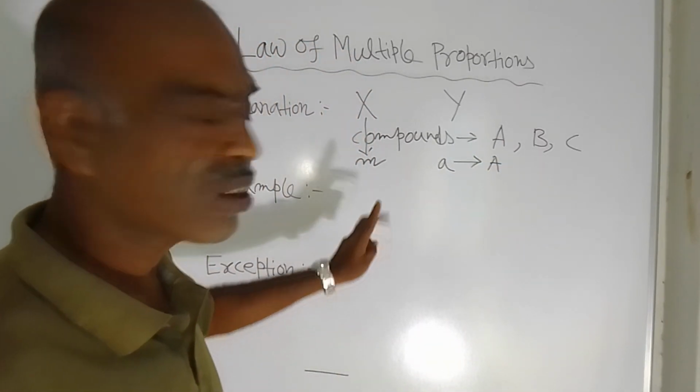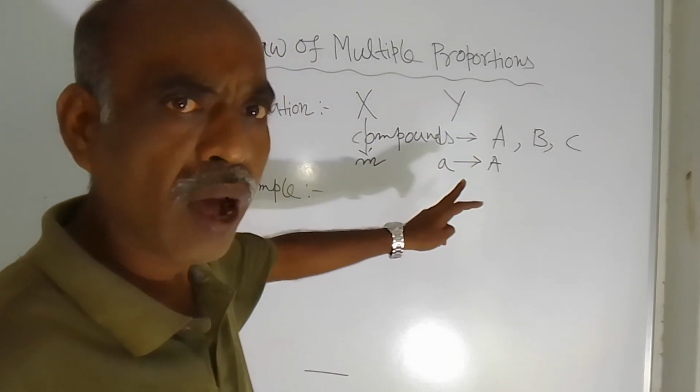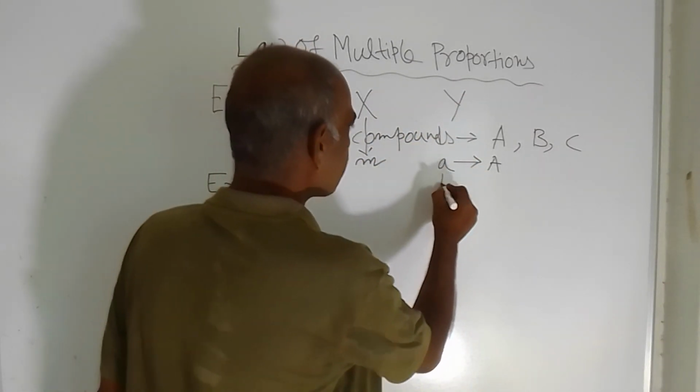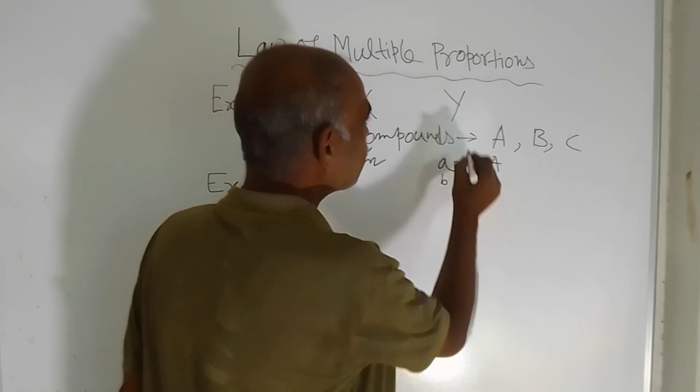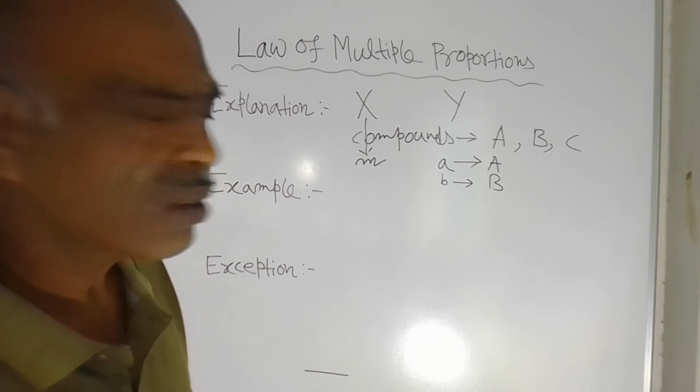When the same amount m gram of X reacts with b gram of Y, in that case it produces capital B compound, right?